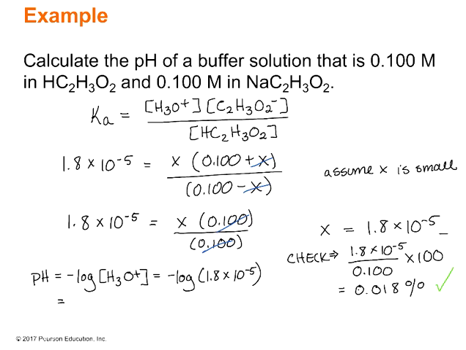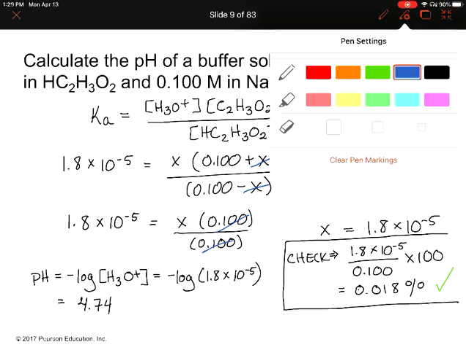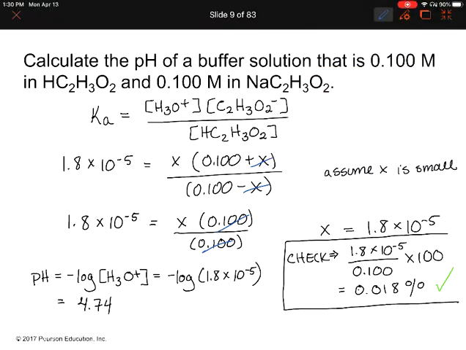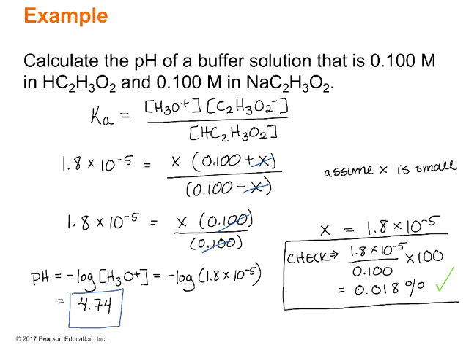I'm just going to box in our check there so it doesn't interfere with the rest of our work. If you plug this into your calculator, you should get a value of 4.74. All right, so that is our pH for this buffer solution.